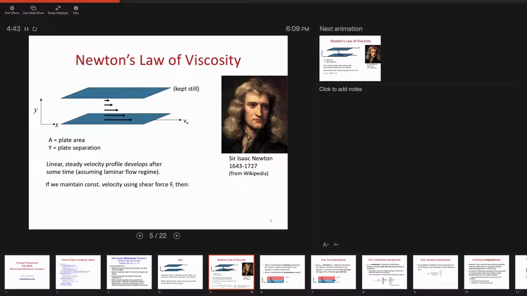So if I look at the plate area, I'm going to call this x direction and y direction. This is the simplest case of having only one velocity that is non-zero.